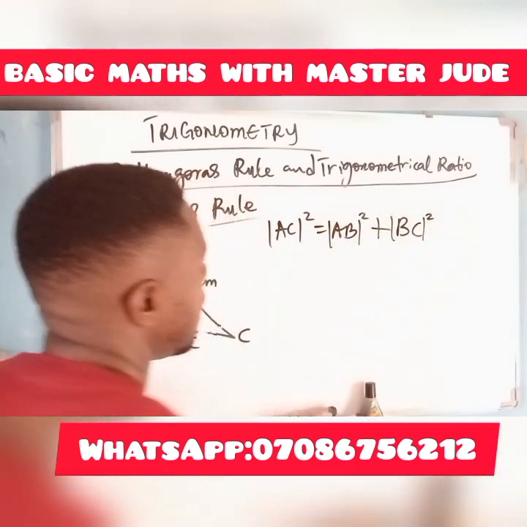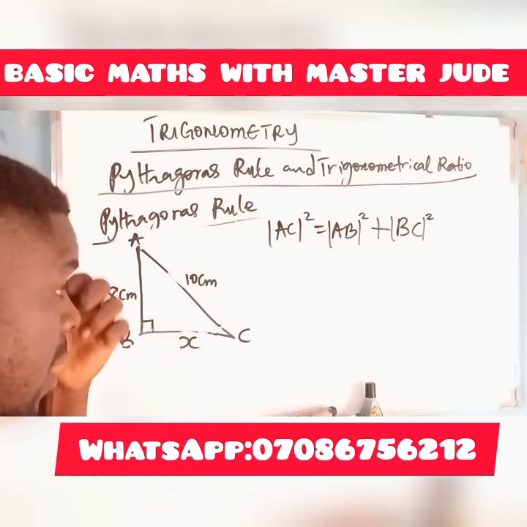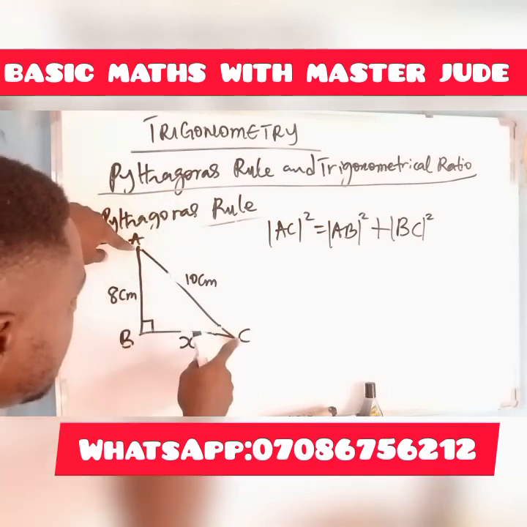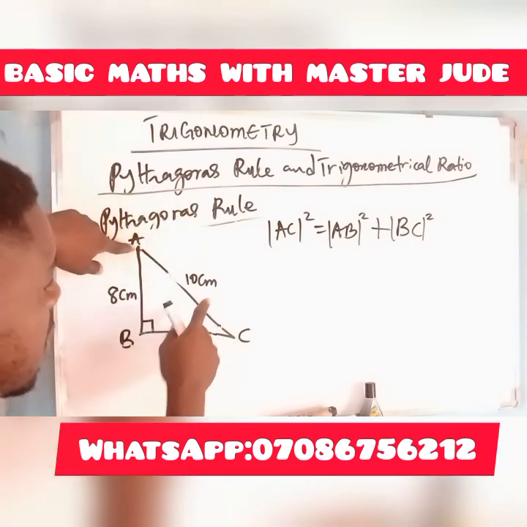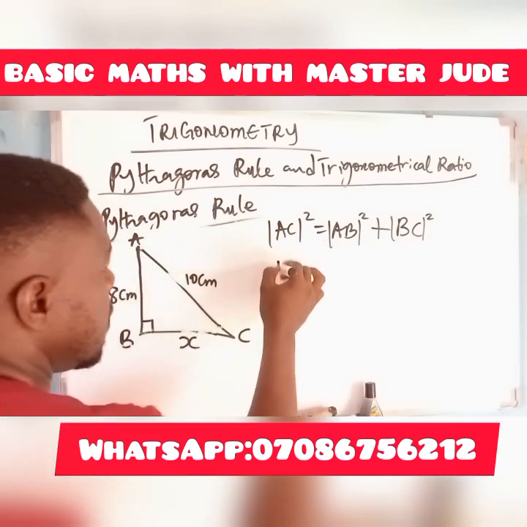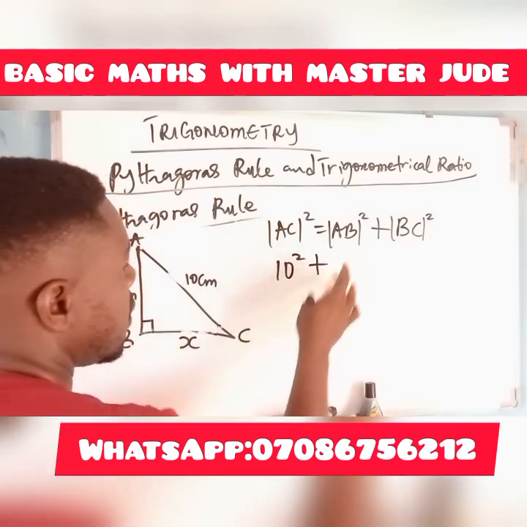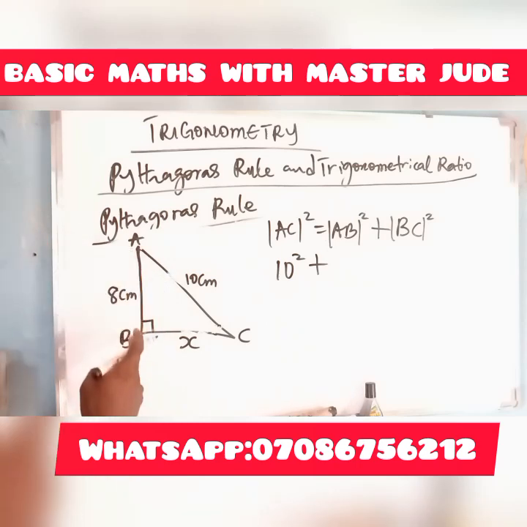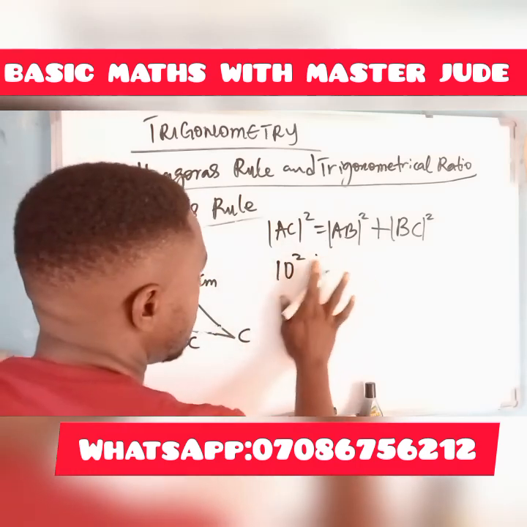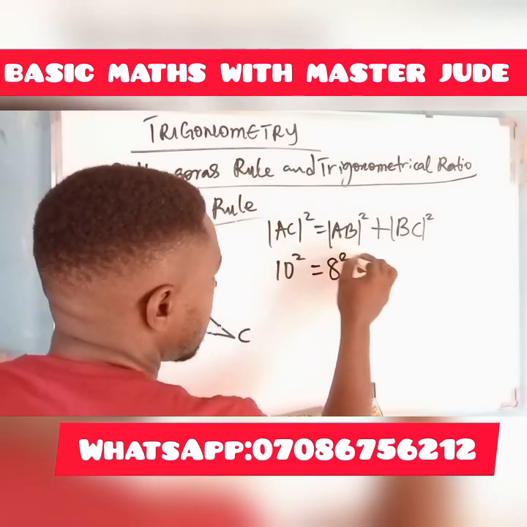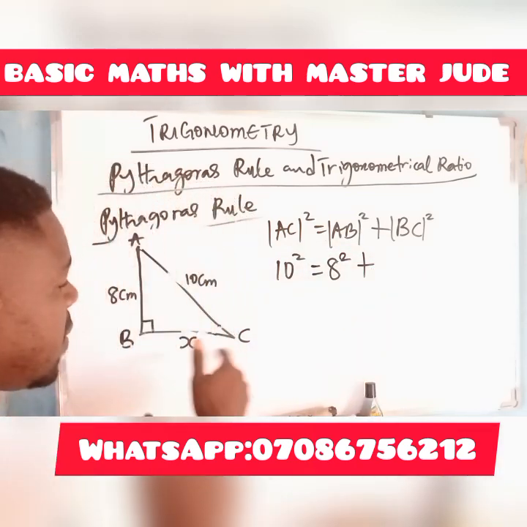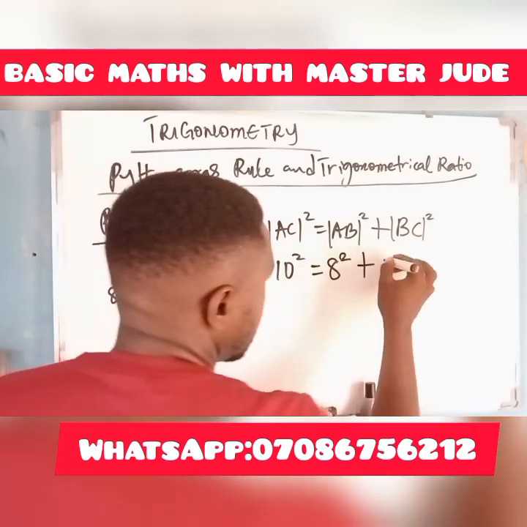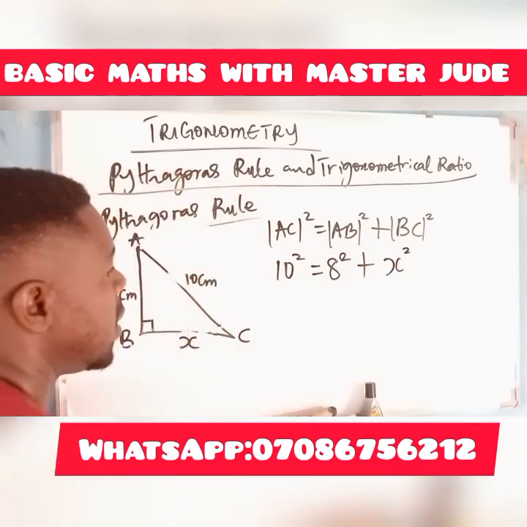And we are looking for this BC square, the adjacent side. We are given AC, which is our hypotenuse, to be 10. So this is 10 square is equal to our AB square, which is our opposite, 8 square, plus BC square, which is X square, what we are looking for.